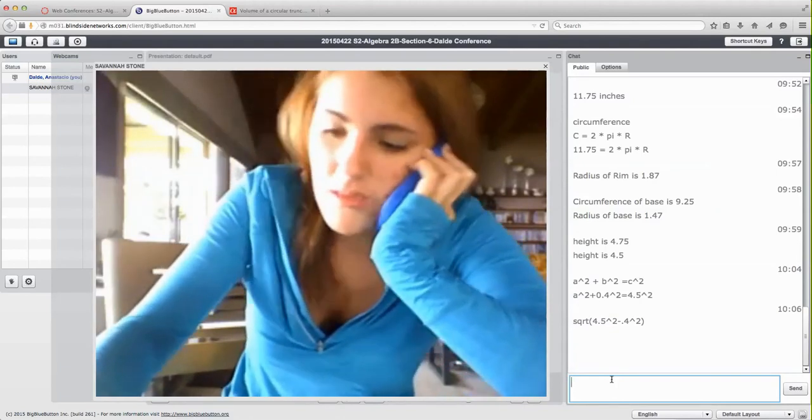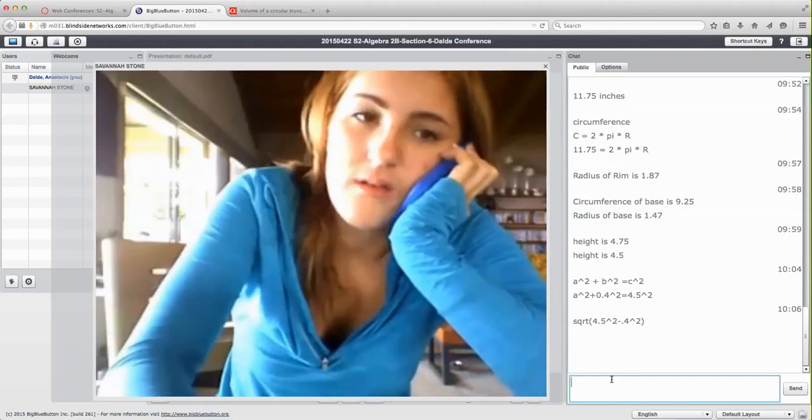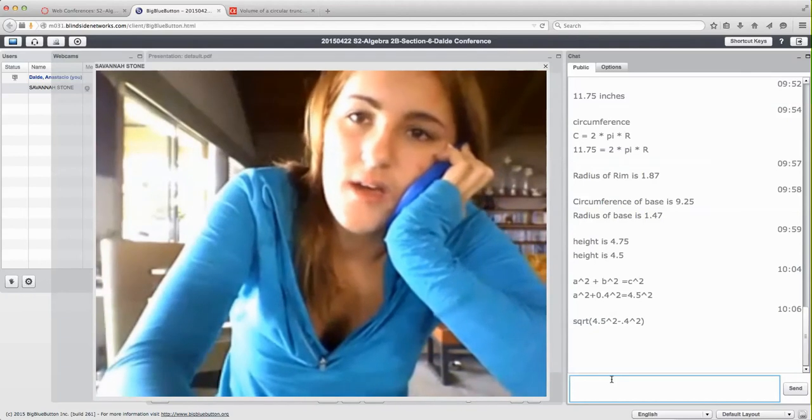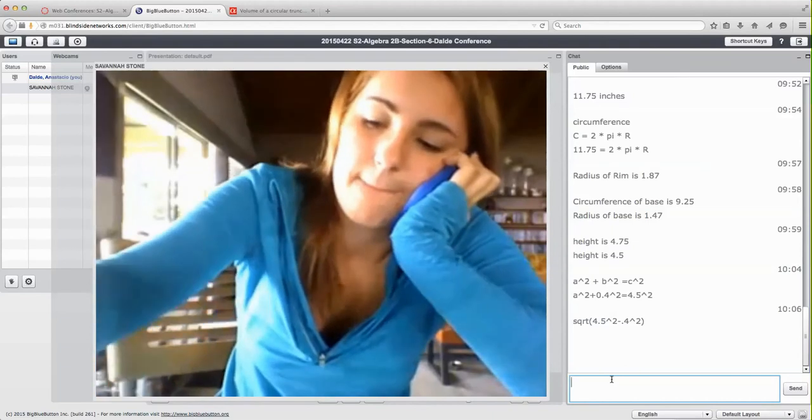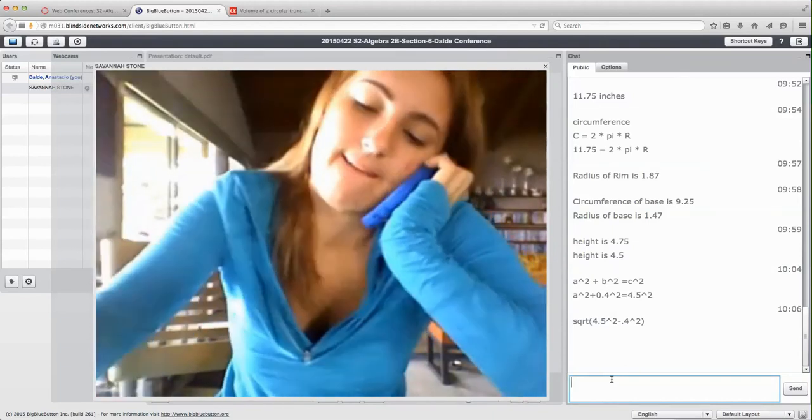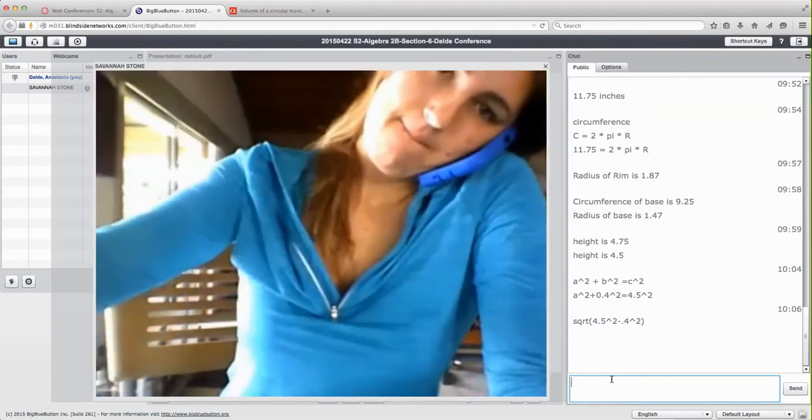You take the 4.5, you square it. You take the 0.4, square it. You subtract those two, and then you take the square root of it. I have Google doing all of those three things at one time.